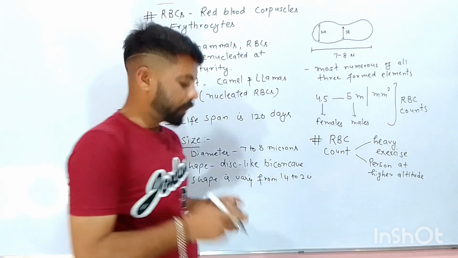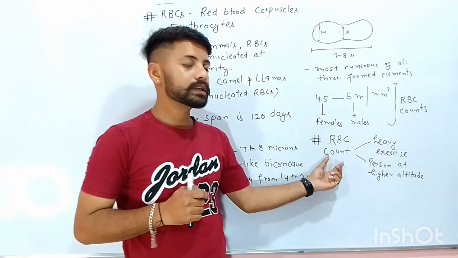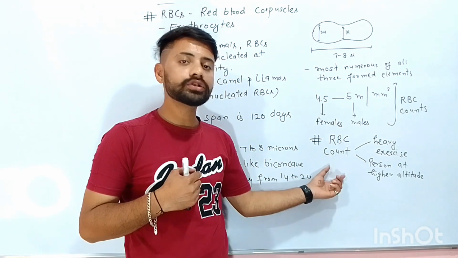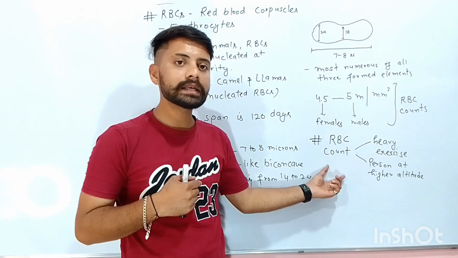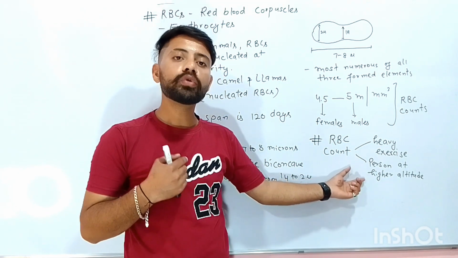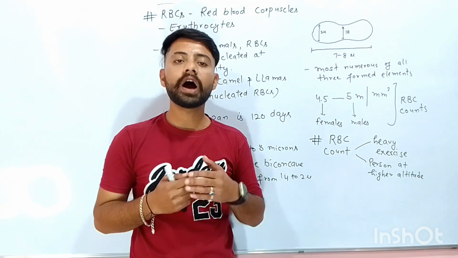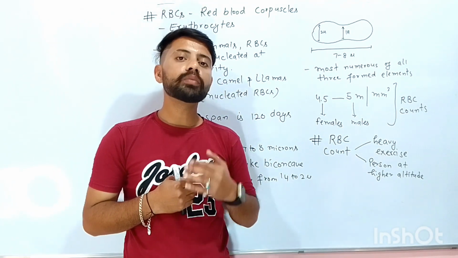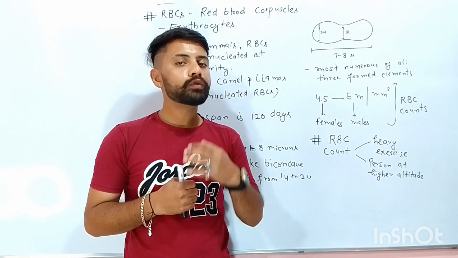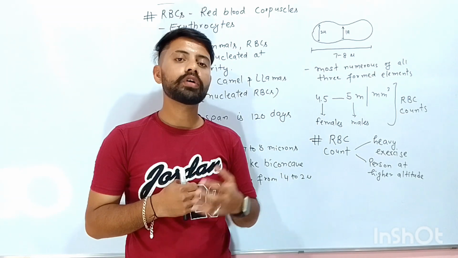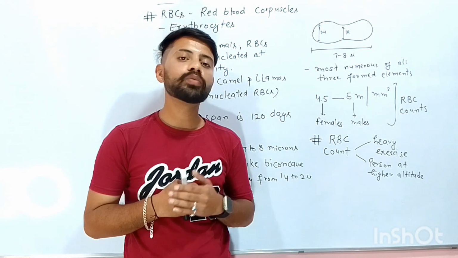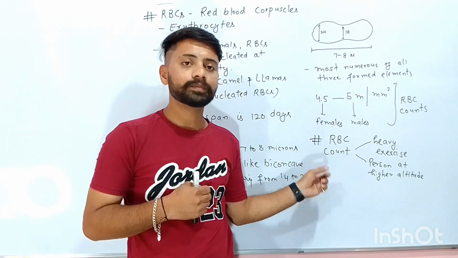The reason why the RBC count increases in these two conditions is to supply the increased oxygen demand during heavy exercise, and to take in more oxygen at a higher altitude where the oxygen concentration is less. It is the hemoglobin which binds with the oxygen, and this hemoglobin is present in RBCs.